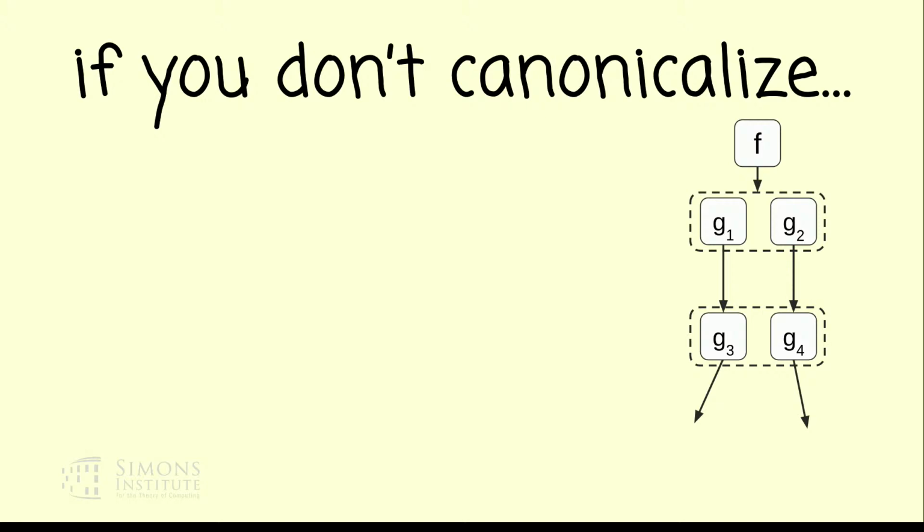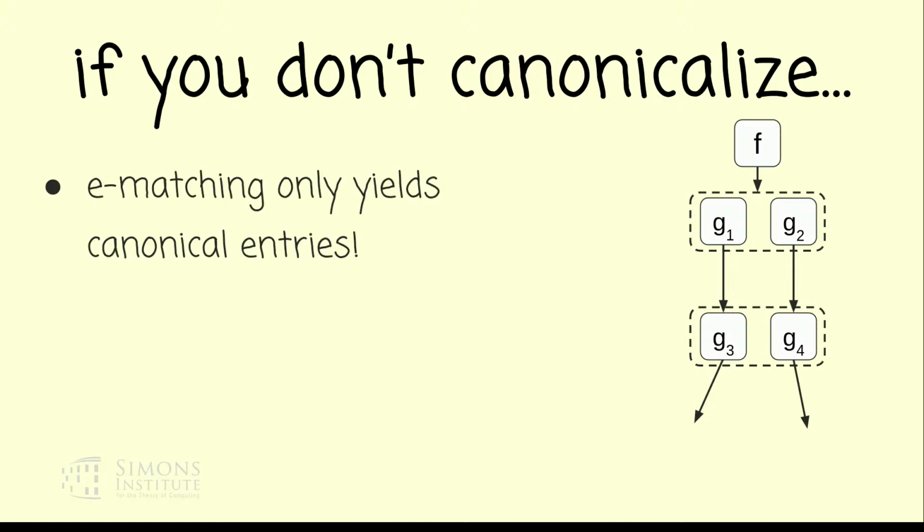Consider these to actually just be the same operator G. The thing to observe here is that these two G's are not only equivalent, but identical. They refer to the same e-class, right? And you can imagine this goes on and on. This is an egraph that has not been canonicalized. If you did canonicalize these two G nodes, they would become syntactically identical and would be deduplicated. But let's suppose we haven't done that yet.